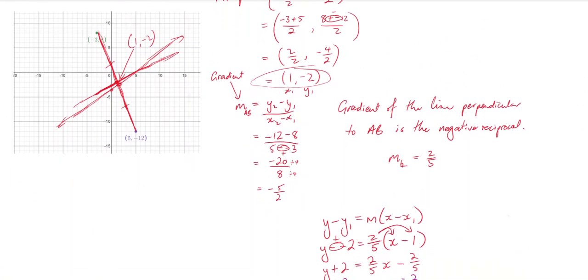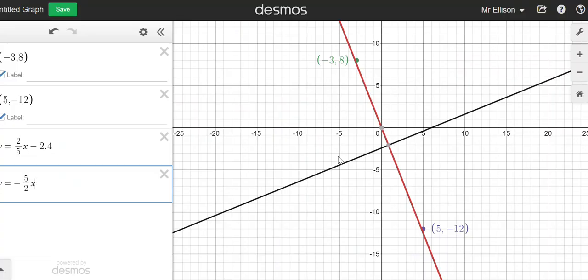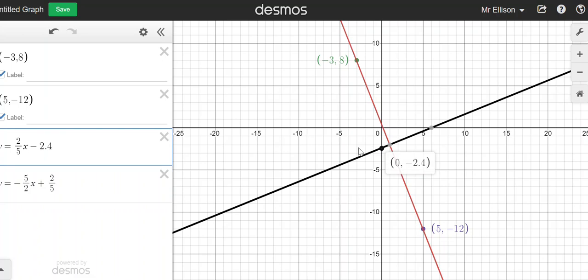Could work out what the equation was, but you can see that's going to be very, very close to that. I don't think it's going to go quite through there. But yeah, you can see that it is perpendicular. You can see that it is crossing there. So our perpendicular bisector looks pretty bang on for that.